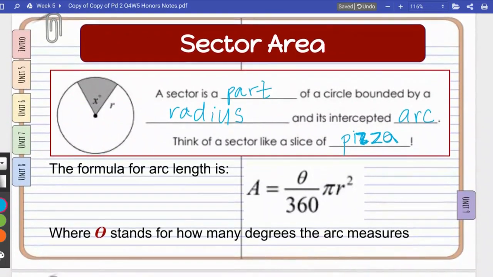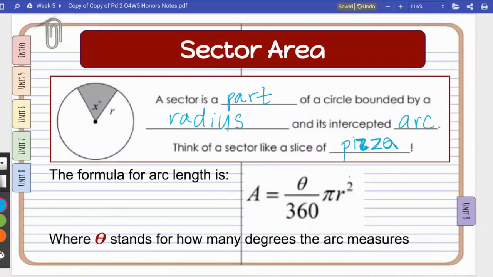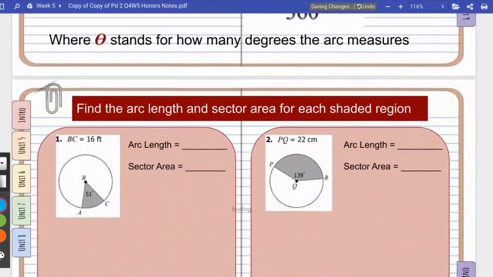So our formula is theta over 360 times pi times radius squared. Well, this is the area of the entire circle. Theta over 360 is talking about what percentage do we need out of the total 360. So let's do some examples.